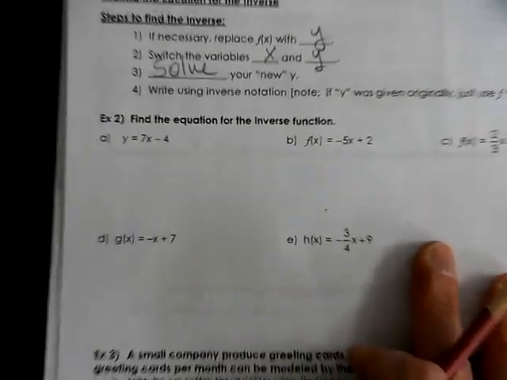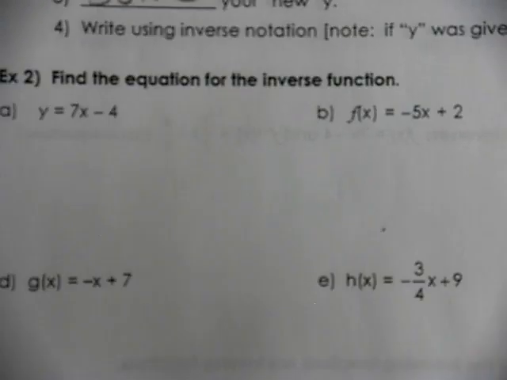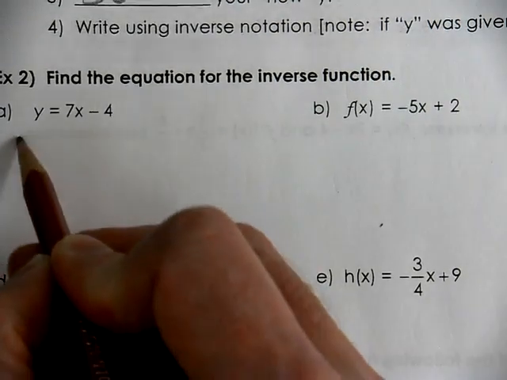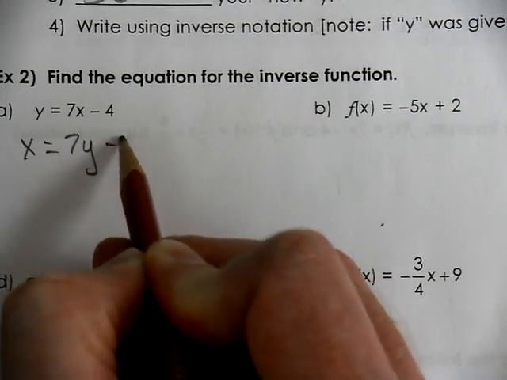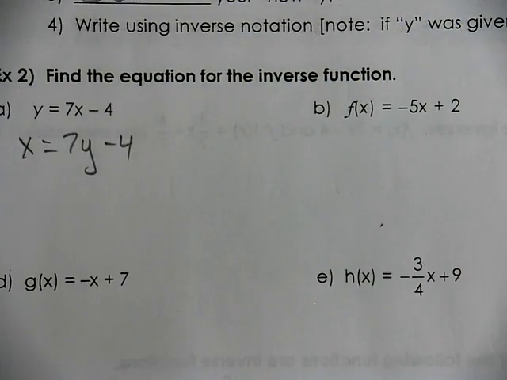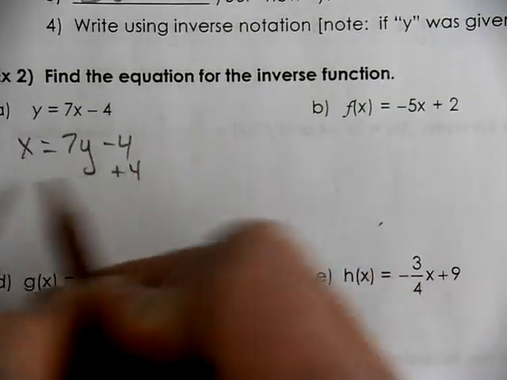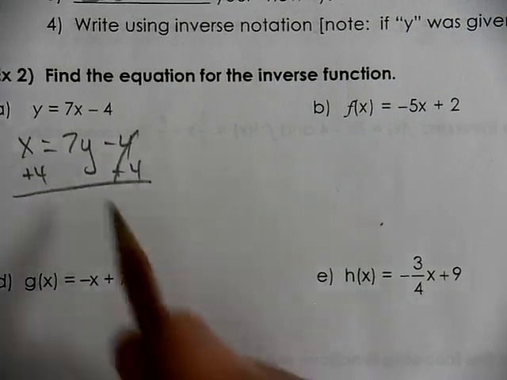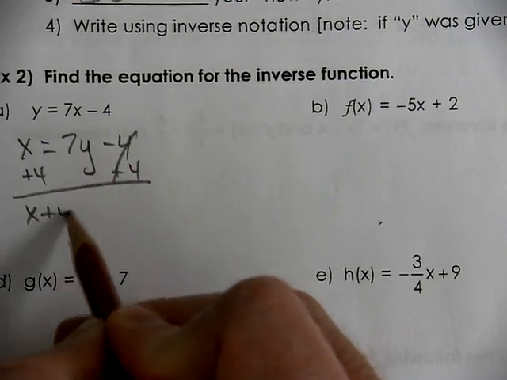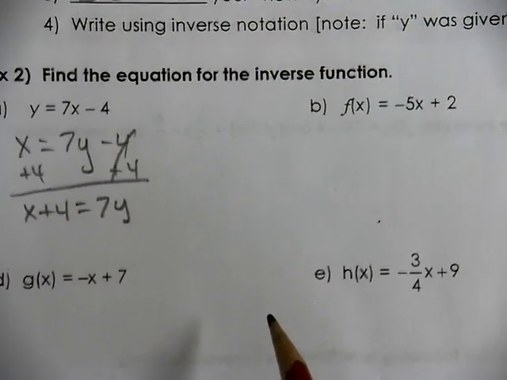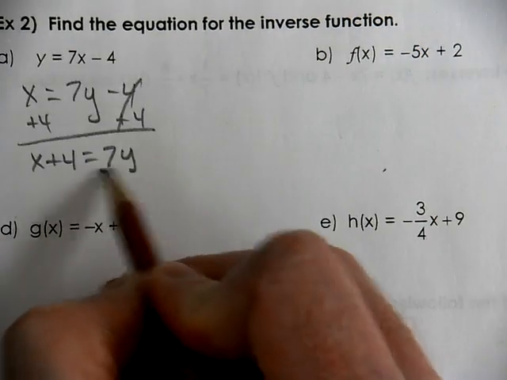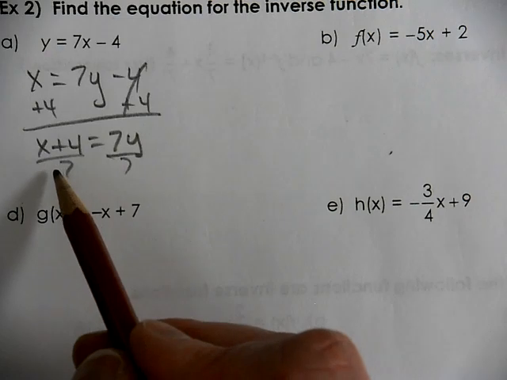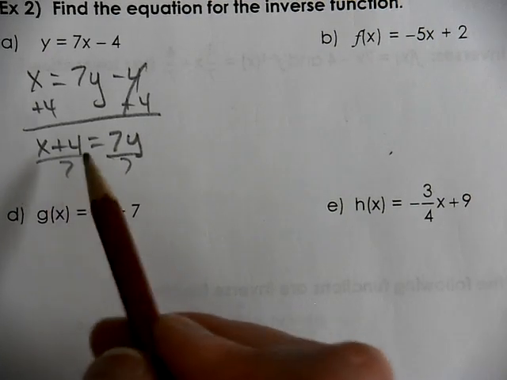So here's our first one. We already have it as y, so we're going to switch the x and the y. We'll add the 4 across because we're going to solve for y. X plus 4 equals 7y. Then we divide by 7. It would be nice if we can break this up to look more like slope-intercept form.